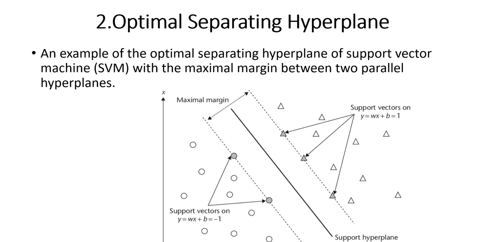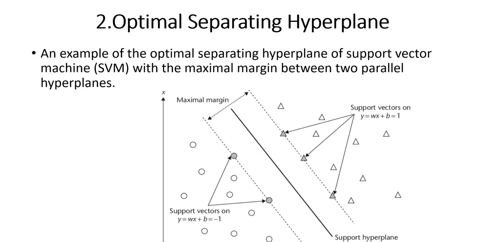In our diagram, the circles represent one class, while the triangles represent another class. Our objective is to find a boundary that separates these two classes.